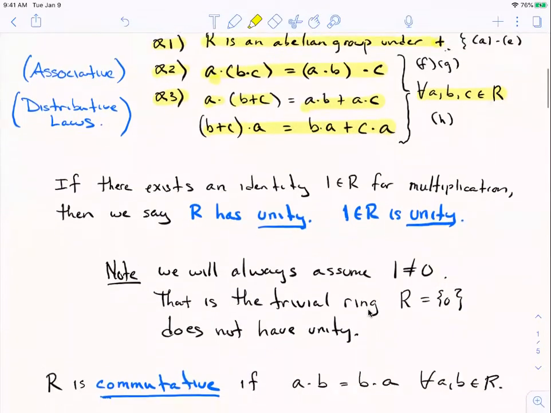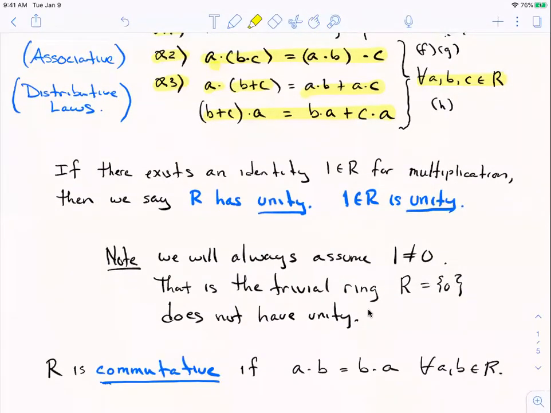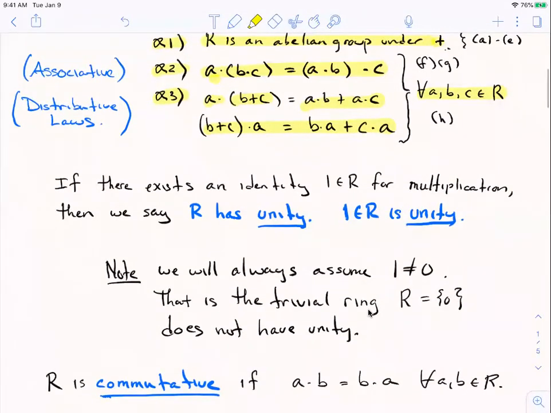Okay. So the multiplication operation may or may not have a multiplicative identity. If it does have a multiplicative identity, then we're going to denote it by the symbol 1. We won't denote it by E anymore in a ring. So the additive identity is always denoted by 0. The multiplicative identity, if it has one, is denoted by 1. And if the ring has a multiplicative identity, then we're going to say that the ring has unity.